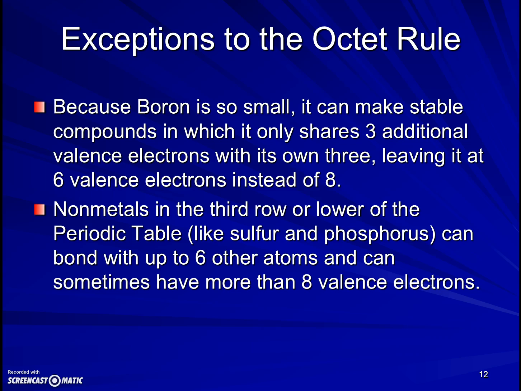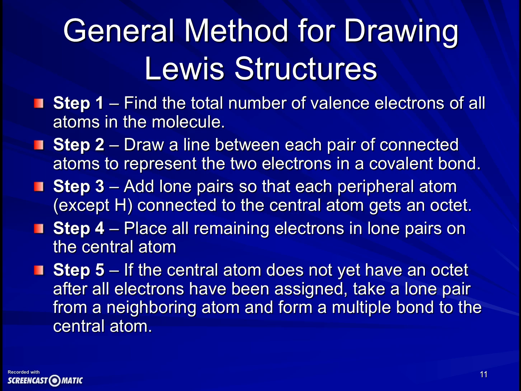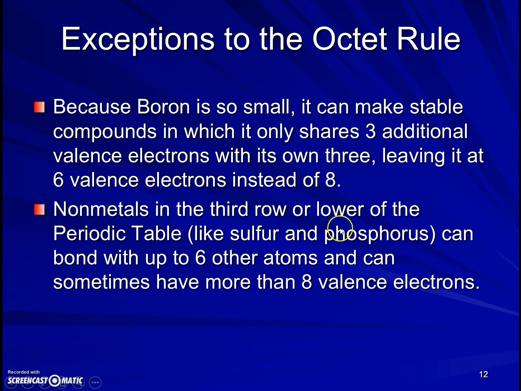But the other one, and the more common exception, is notice back on step 3, I said add lone pairs so that each peripheral atom except for hydrogen gets its octet, and then place all remaining electrons in lone pairs on the central atom. Well, that could cause you in some cases to put more than 8 valence electrons around the central atom.